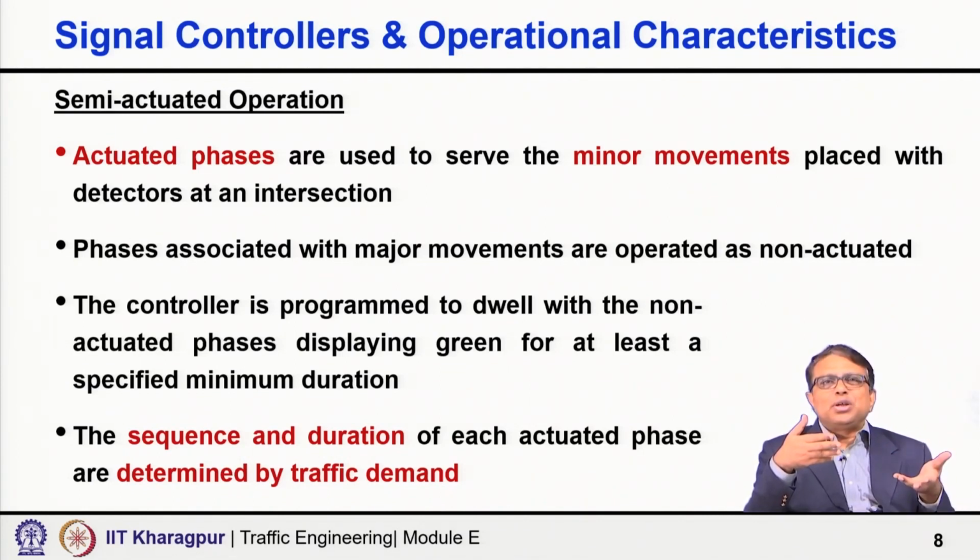So, that minor approach green will not come, right. It is not fixed that every cycle, every minor phase or actuated phase will be given a green. It may be given a green if there is a demand and if it fits the overall rules that you have framed earlier, otherwise no.